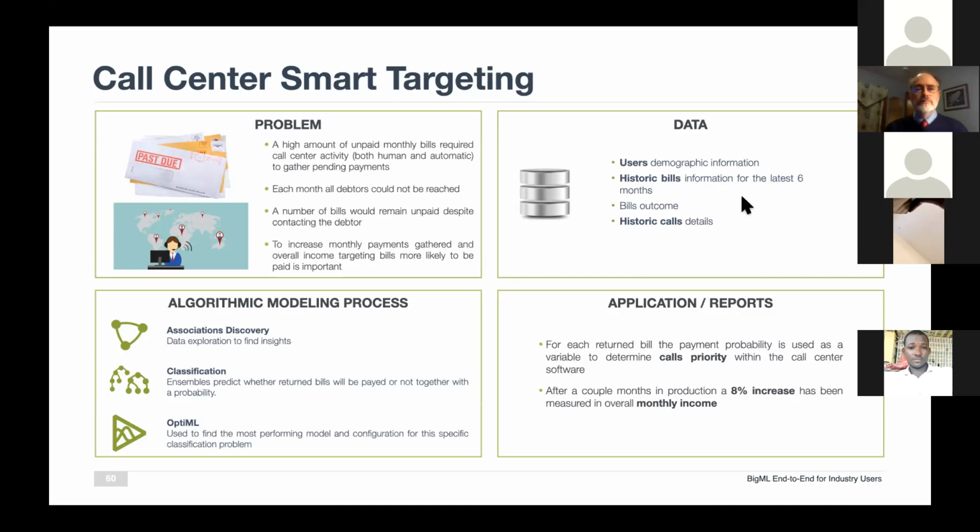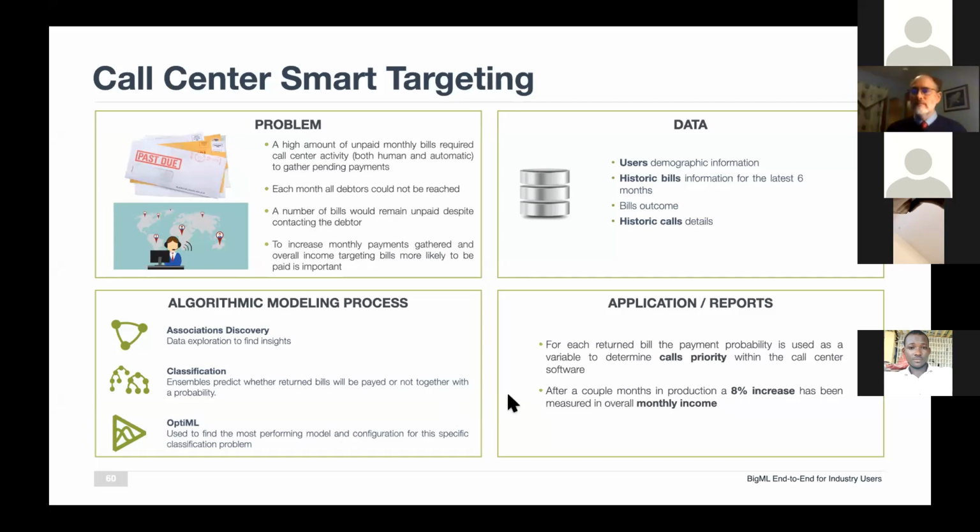So what we did was use demographic information and historical bills information, and obviously the historical bills outcome as well. Based on that, very quickly with a classification model, the outcome prediction of the bills was successful. We also used association discovery to explore data, and in the end we used Optimal to get the best model.